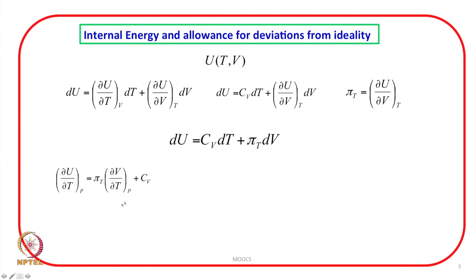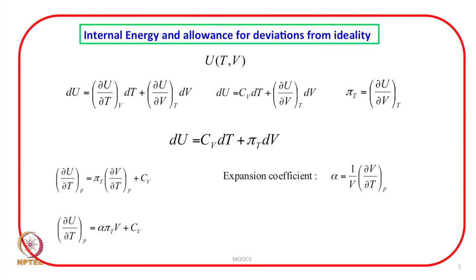And for an ideal gas, we will put π_T equal to 0, because we just discussed π_T is equal to 0 for ideal gas. If you substitute π_T equal to 0, then Cv is equal to (∂U/∂T) at constant pressure. Whether you use this equation or this equation, when π_T is equal to 0, Cv is equal to (∂U/∂T) at constant pressure.